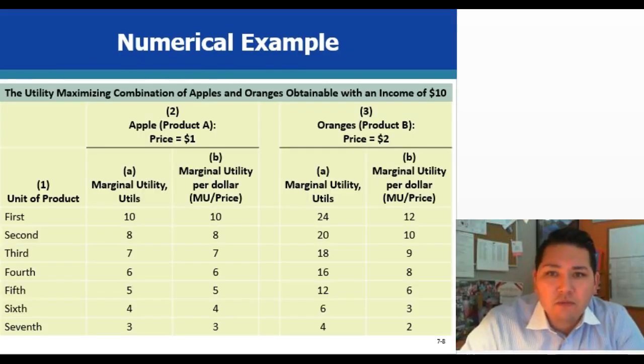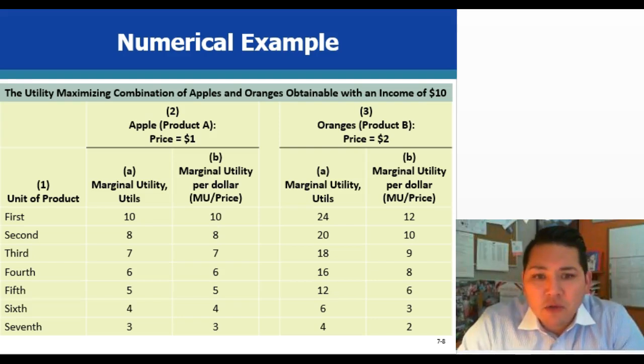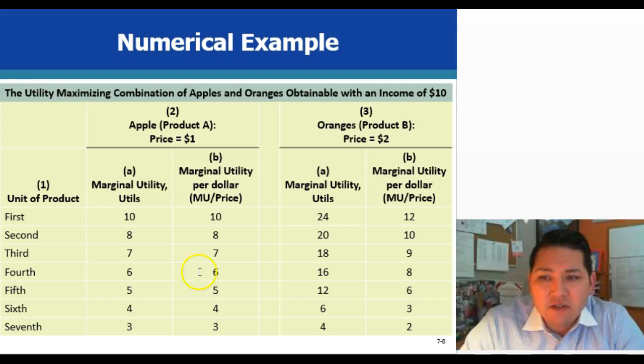So, to put this in numerical format, it is assumed in this table that the amount of marginal utility received from additional units of each of the two products is independent of the quantity of the other product. For example, the marginal utility schedule for apples is independent of the number of oranges obtained by the consumer.